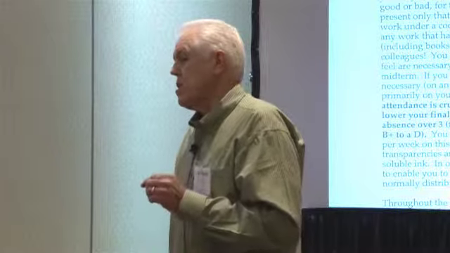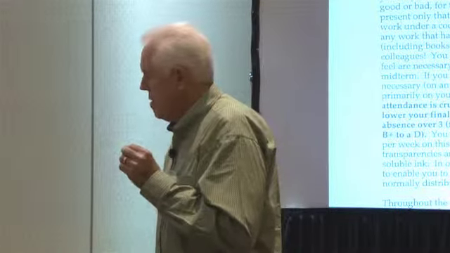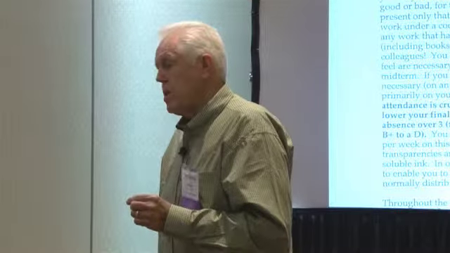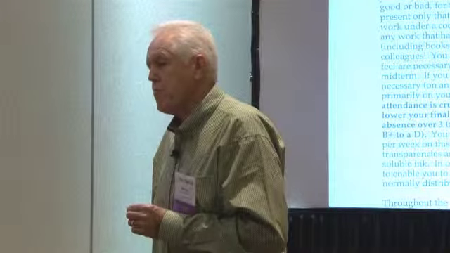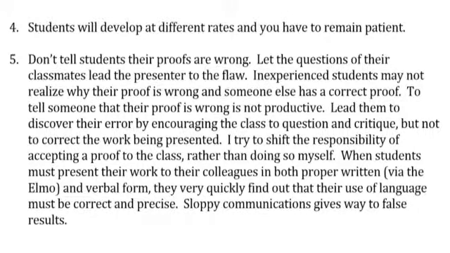I try to instill in my students the idea that this is an opportunity for them, and that if somebody tells them how to do a proof, and in class, whenever somebody finds a flaw in a proof, I will not let that student suggest to the presenter how to correct the proof.